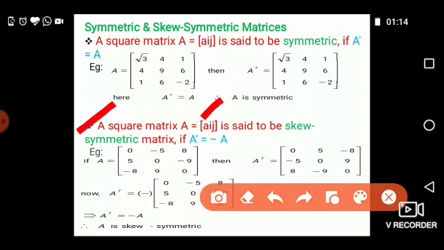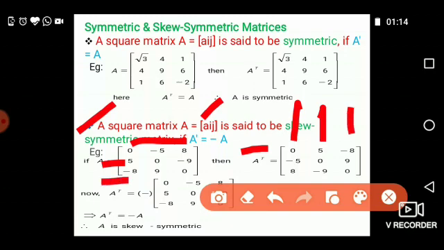Therefore, the transpose of A, denoted by A raised to T or A dash: the first row becomes the first column, 0, minus 5, 8. The second row becomes the second column, that is 5, 0, minus 9. And the third row becomes the third column, that is minus 8, 9, 0.